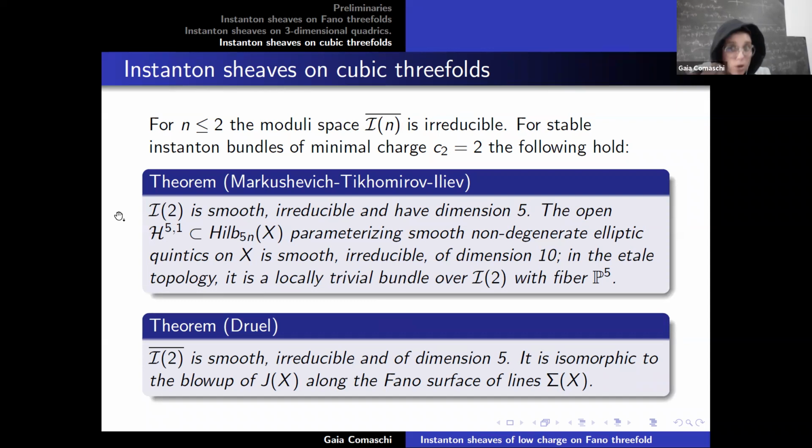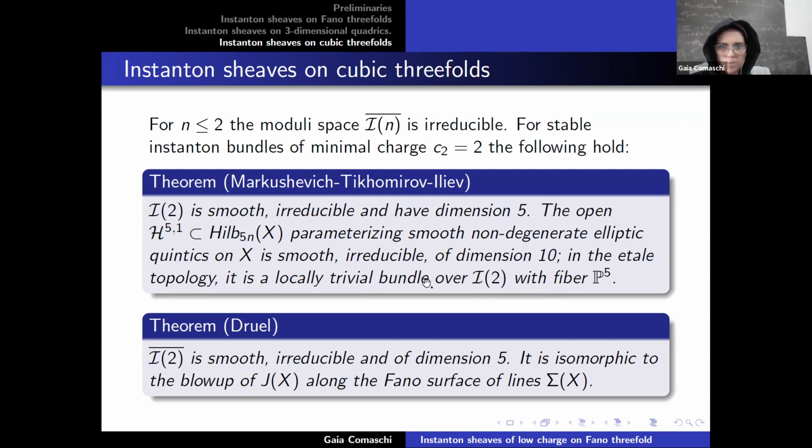Looking at the correspondence between instantons of charge 2 and elliptic quintics, it is possible to prove that the open set parametrizing smooth non-degenerate elliptic quintics has, at least locally in the étale topology, the structure of a P5 bundle over E2.